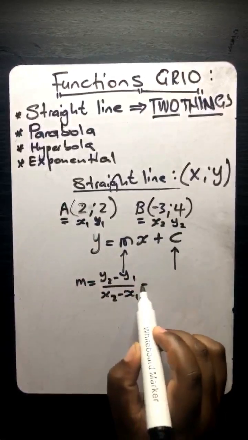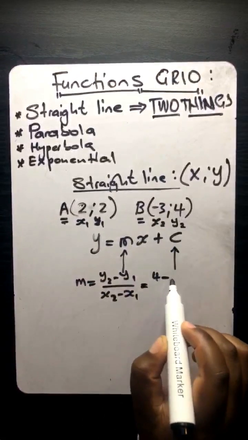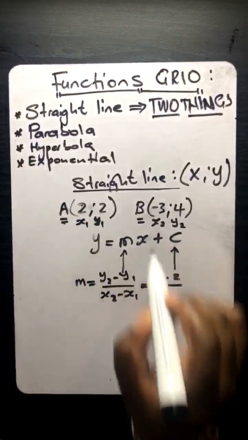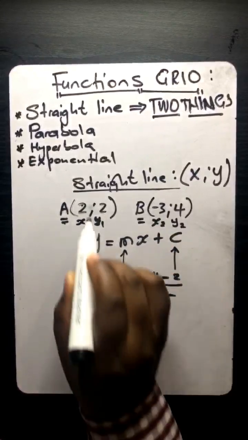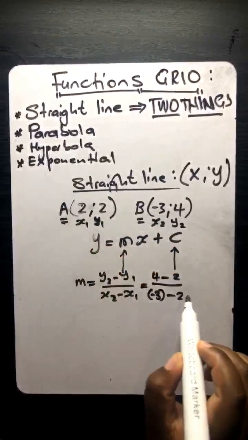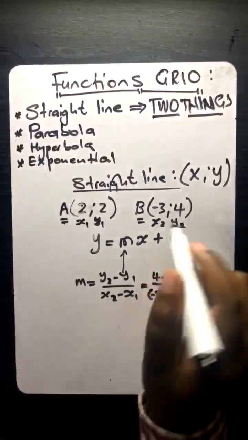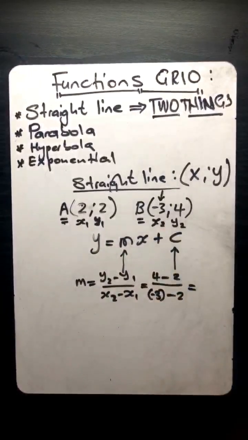So can you see? You easily substitute. What is your y2? It's 4, you minus. What is your y1? It is 2, over. What is your x2? Put it inside the brackets, minus what is that? Is 2. So it is very important that when you substitute, you put a value which has a negative inside the brackets.